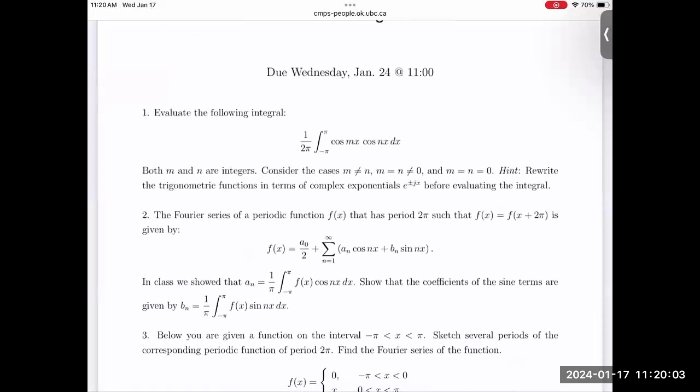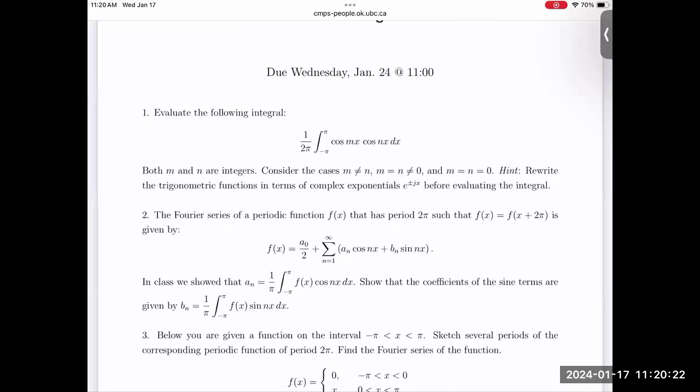In our notes, we said one of the things you were going to do was to confirm this integral of cos mx, cos nx for all the cases: m and n are both 0, m and n are equal to each other but not 0, and m and n are not equal to each other and not equal to 0.